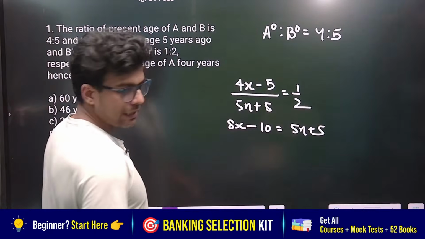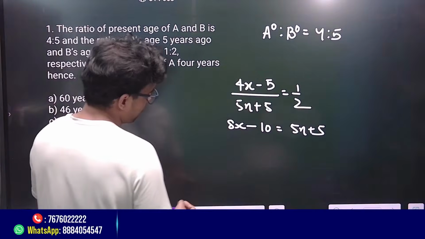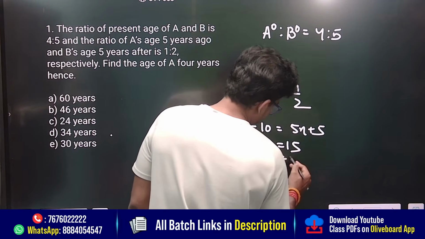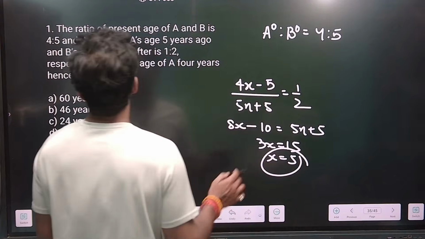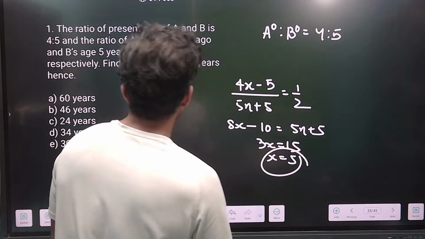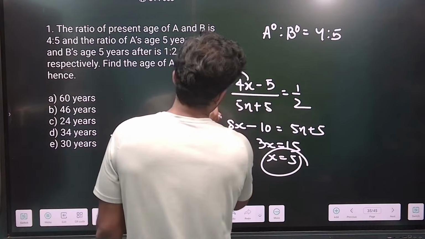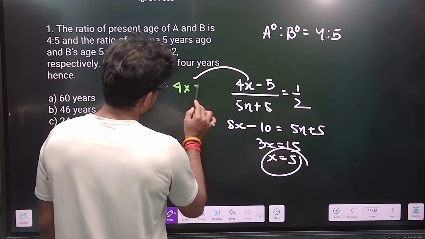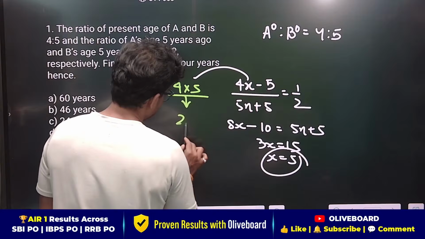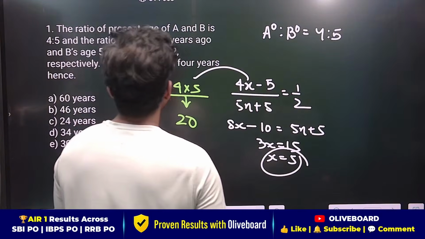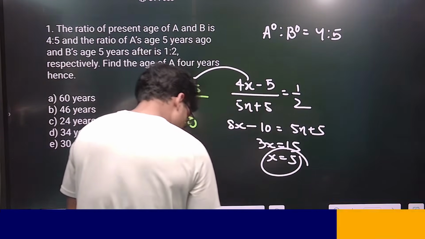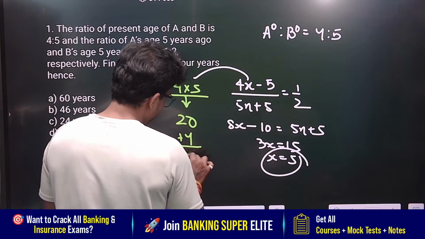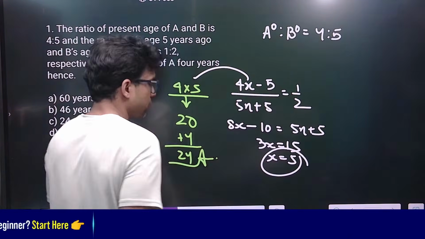From here you can say 3x would be 15 and x would be 5. If x is 5, find the age of A. A is 4 into 5, which is 20. 4 years hence, plus 4 means 24 is the answer to this question.